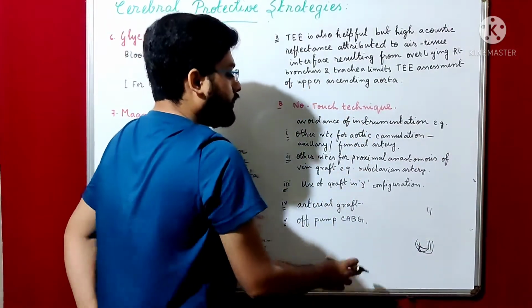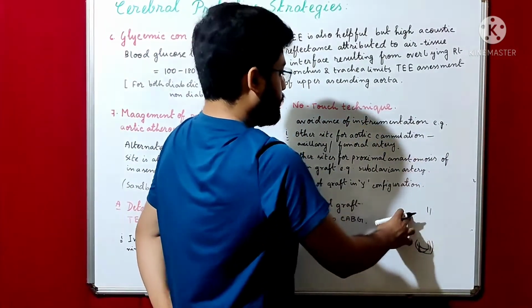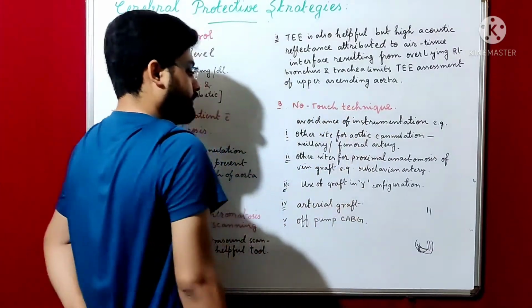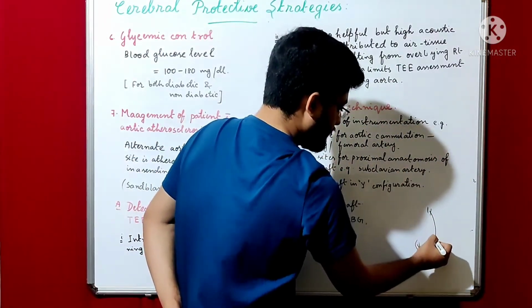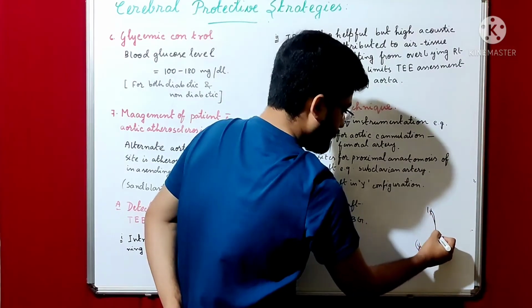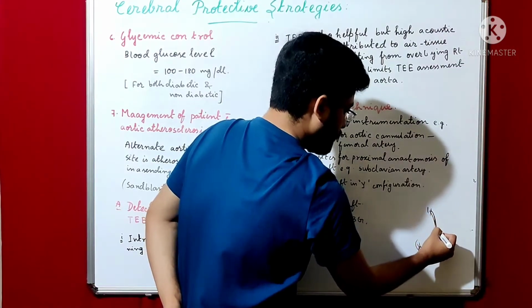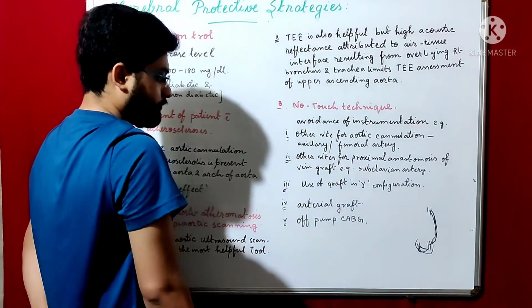Now, if we have to do multiple venous grafts, the patient needs multiple grafts. One graft is directly from the subclavian artery to one coronary artery.